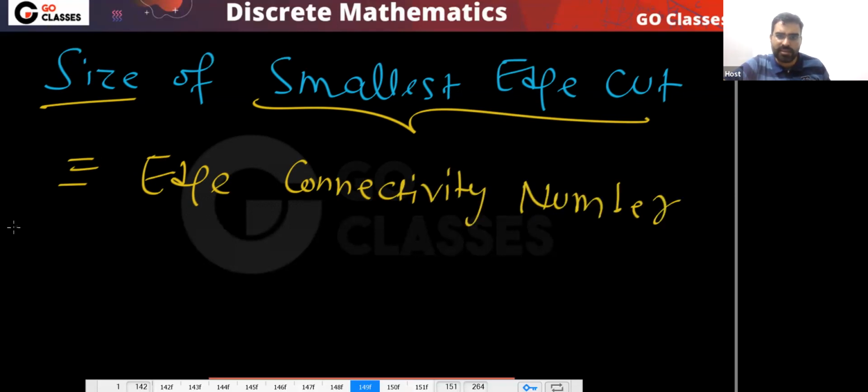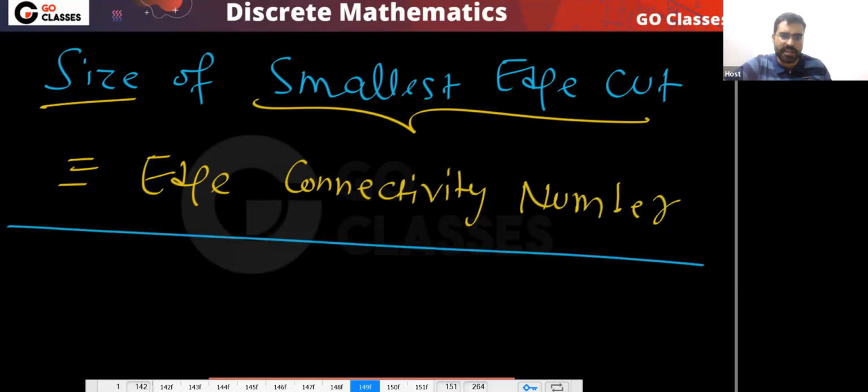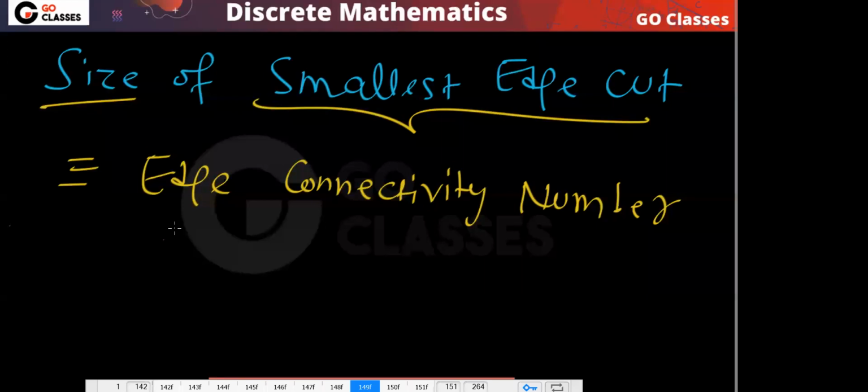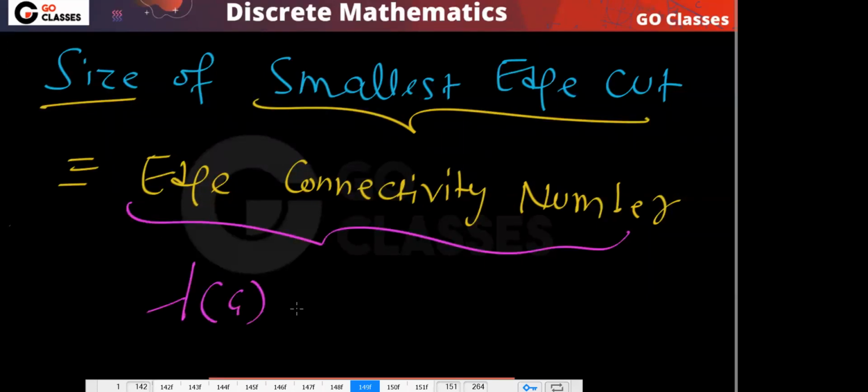What is the symbol for this? Let me check. Okay, there is a lambda. This is the symbol people use for the edge connectivity number. This lambda is less than or equal to delta.